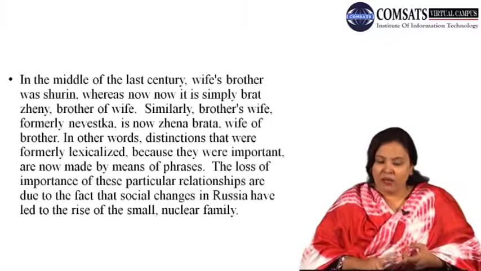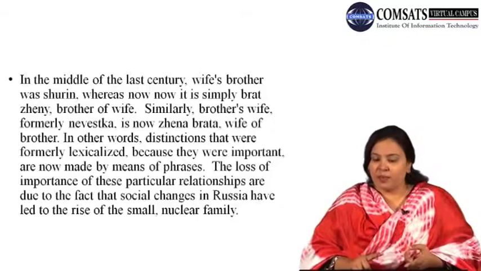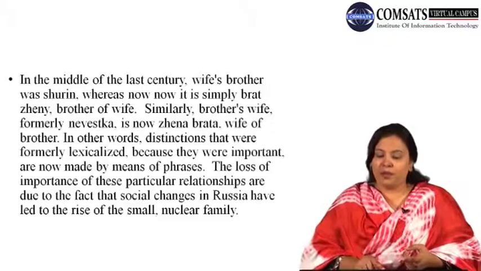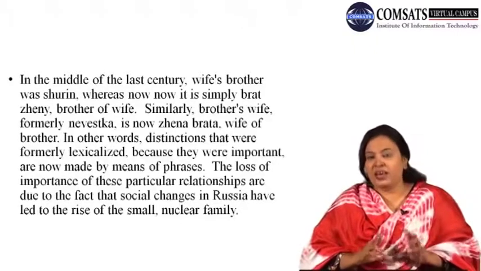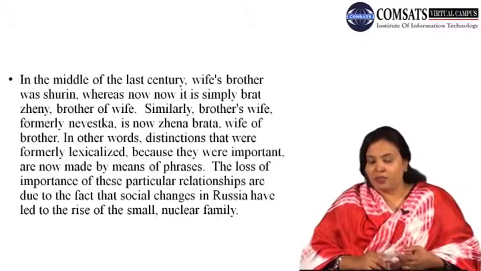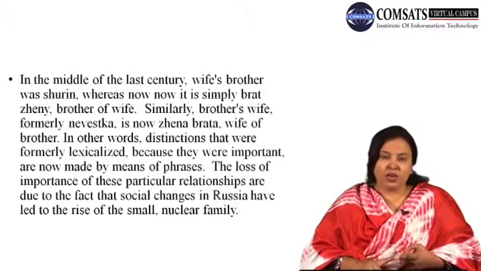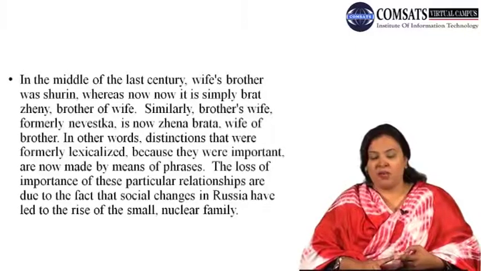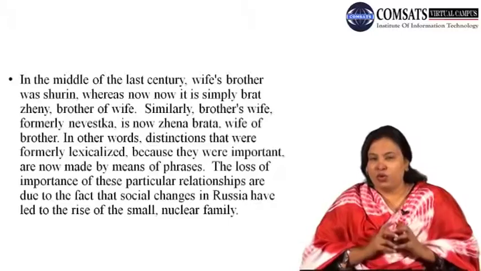Similarly, brother's wife, formerly nevestka, is now zhena brata, wife of brother. In other words, distinctions that were formerly lexicalized because they were important are now made by means of phrases. The loss of importance of these particular relations is due to the fact that social changes in Russia have led to the rise of the small nuclear family.